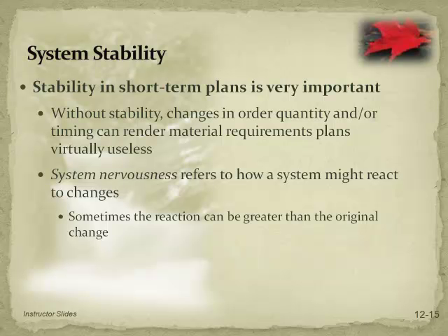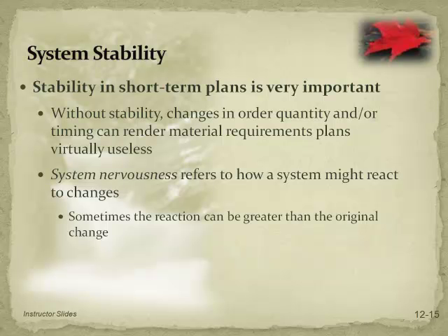So it's important that in our planning we have a certain period of time that we refer to as stable. We're not going to change the plan in this short term. We don't want the MRP system to be nervous, to be making a lot of changes in this time, because we want to be focused and we want to at least get that done.